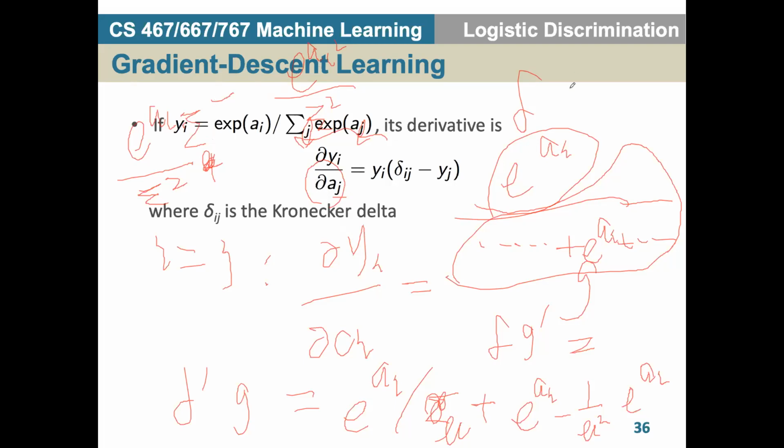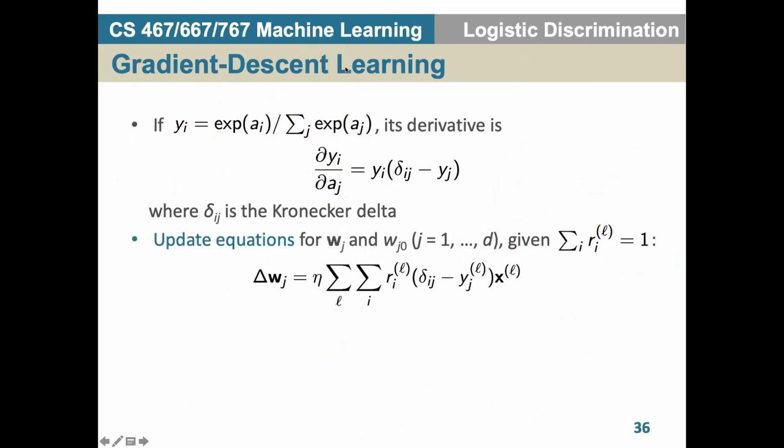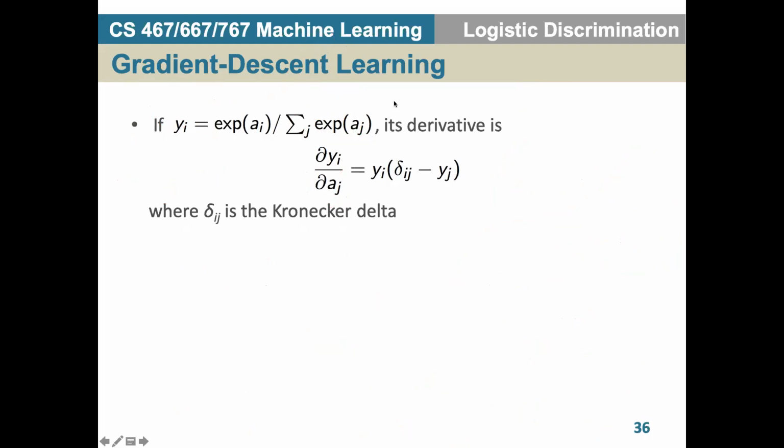It's not easy to see, so let's just keep in mind that the bottom is the summation squared and the top is e^{a_i} times the summation minus e^{a_i} squared. Let's clear this page. Now the bottom is the summation squared, and the top is e^{a_i} times the summation minus e^{a_i} times e^{a_i}. So you can put it like this.